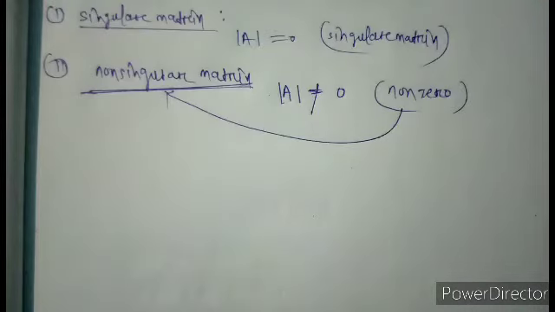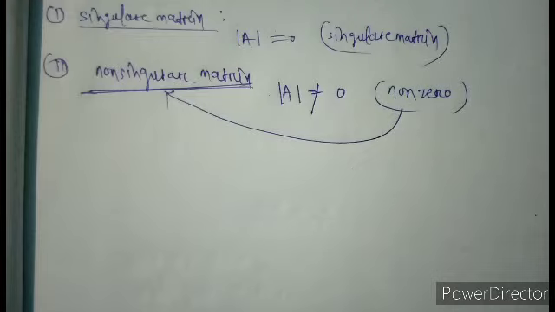So we know all the types of matrix: row matrix, column matrix, vertical matrix, horizontal matrix, diagonal matrix, zero matrix, square matrix, triangular matrix, upper triangular matrix, lower triangular matrix, singular matrix, non-singular matrix.